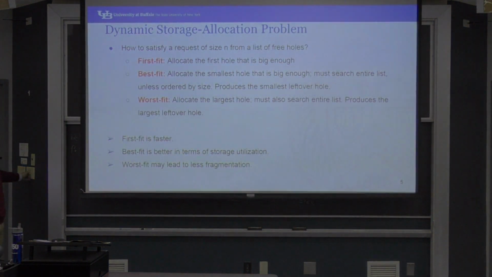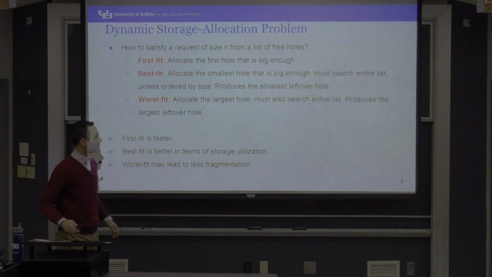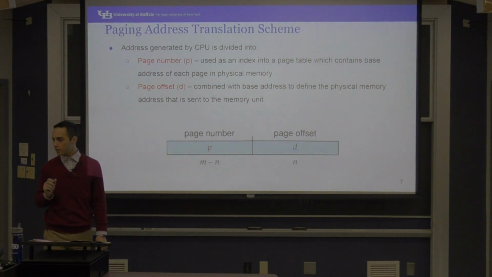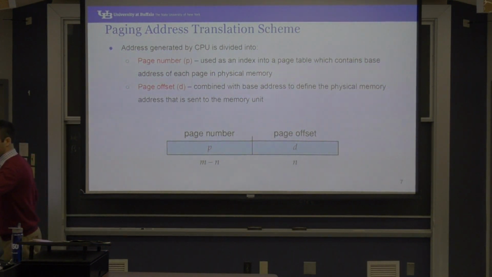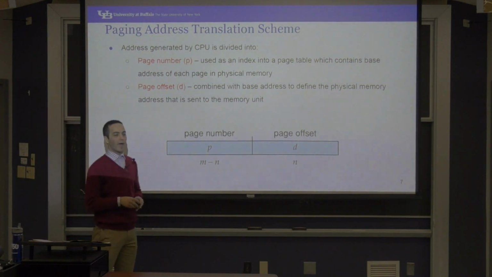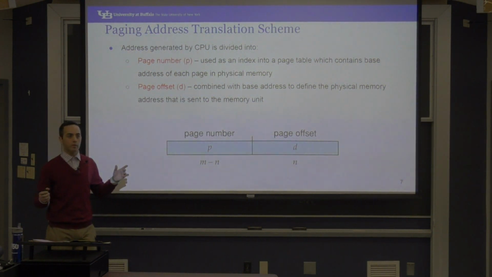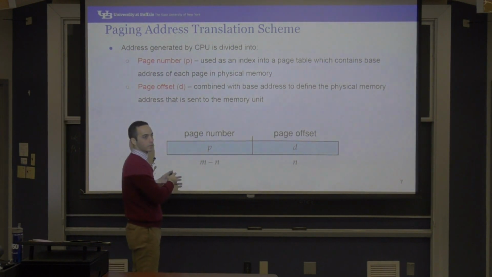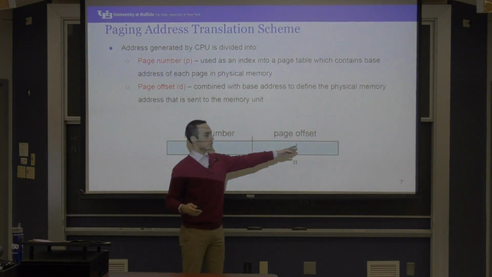Okay. All right. So now the address translation scheme, which we also talked about last session, is how paging actually works. When you have a memory address, for example 32 bits, each memory address is 32 bits of zeros and ones, with the highest bit here and the lowest bits over there.